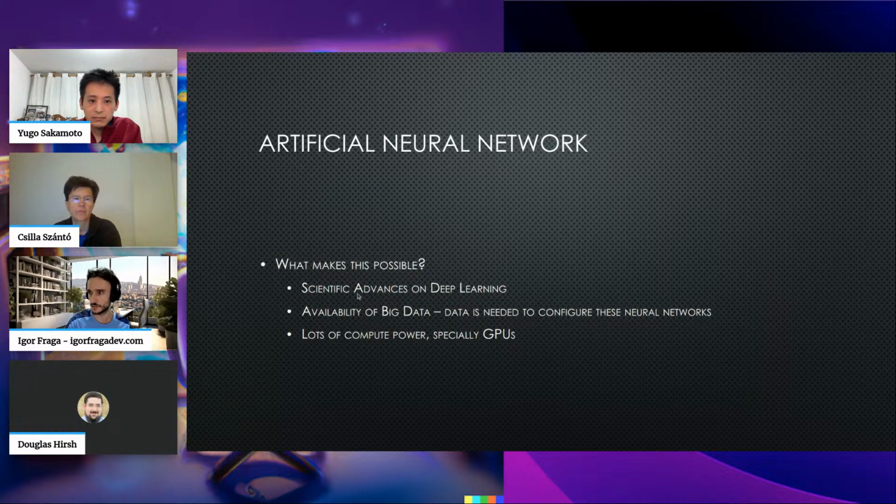Well, this is possible because of the scientific advances in deep learning, the availability of big data, we need lots of data to configure these neural networks, and especially lots of compute power, especially GPUs. And this is where NVIDIA is doing a hit right now, because we didn't have all of these three elements in the past as complete as we have right now, but the idea has been around for a while.